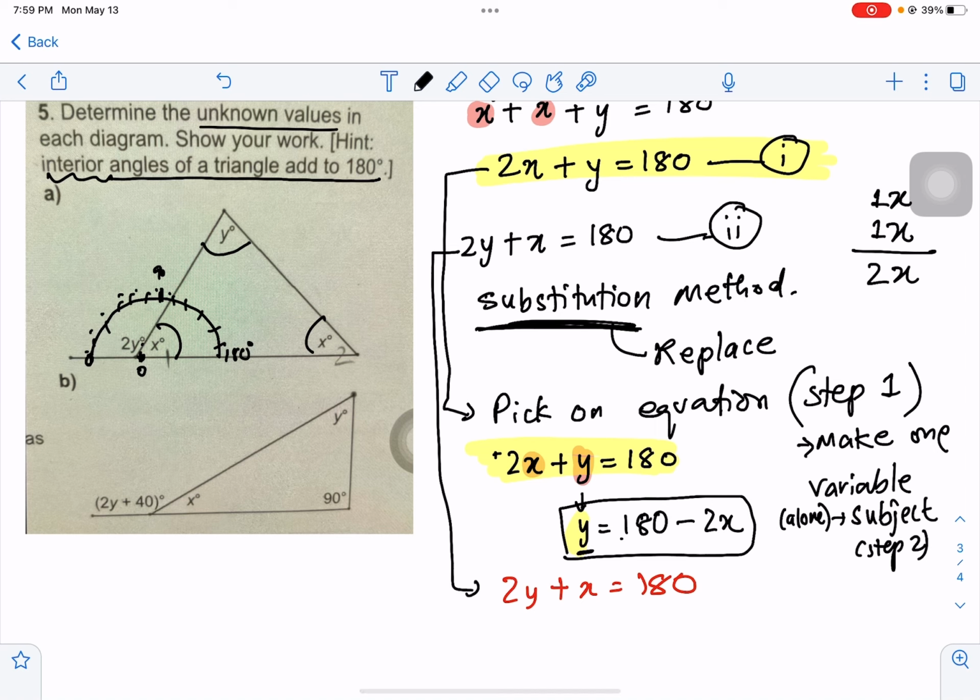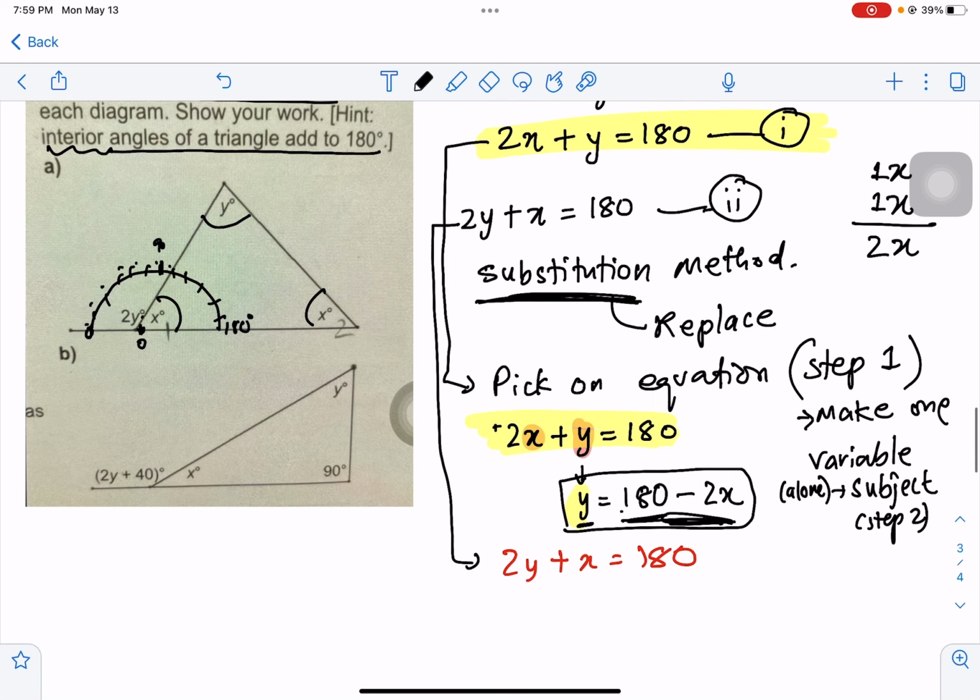If you write y or if you write 180 minus 2x, they have the same meaning. So you are replacing the y variable: 2 times y, where y is 180 minus 2x. The rest will remain the same. So step 3 is to replace the subject from equation 1 into equation 2.